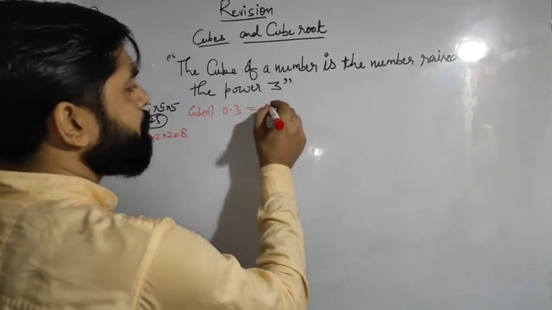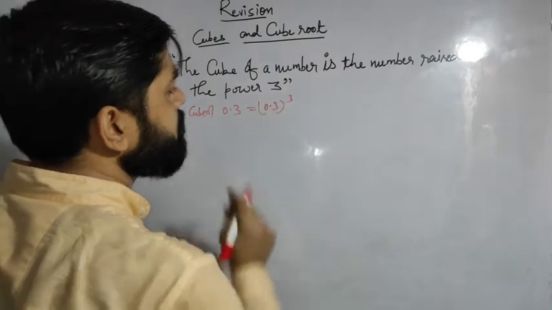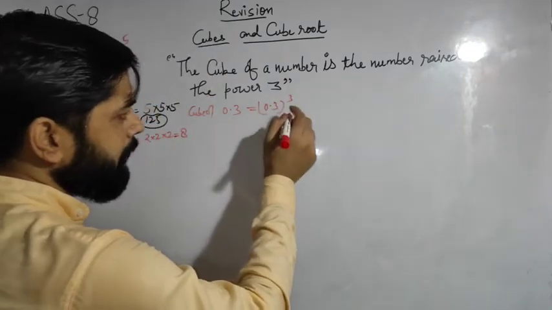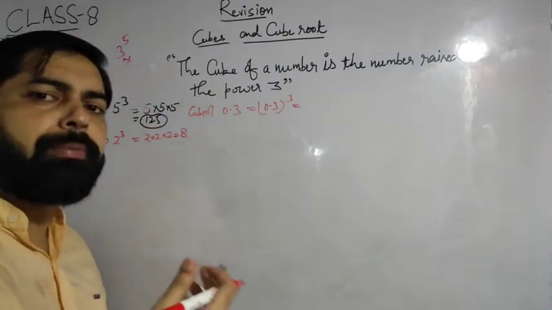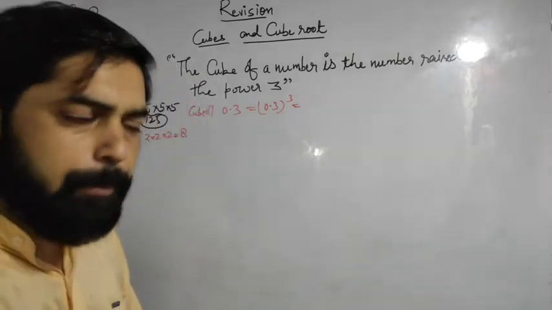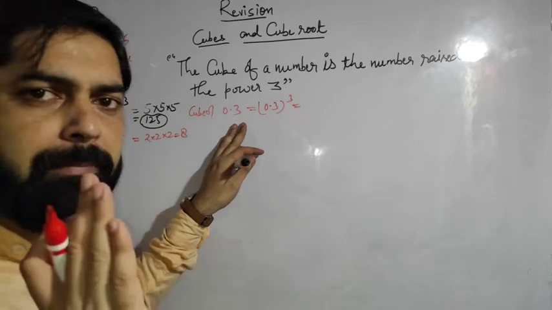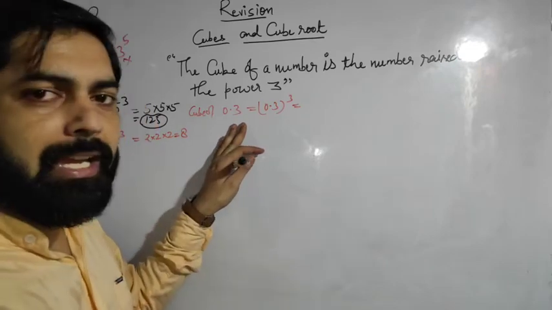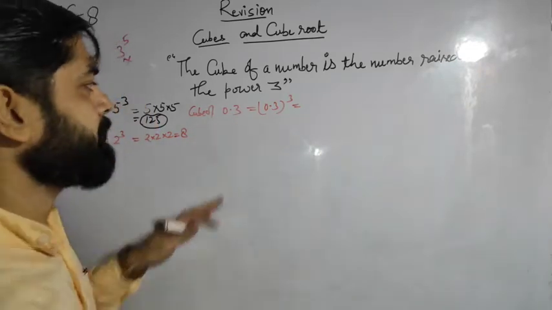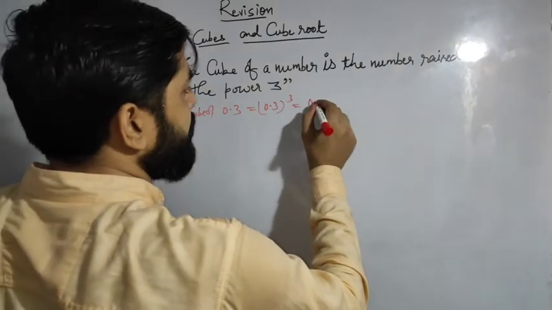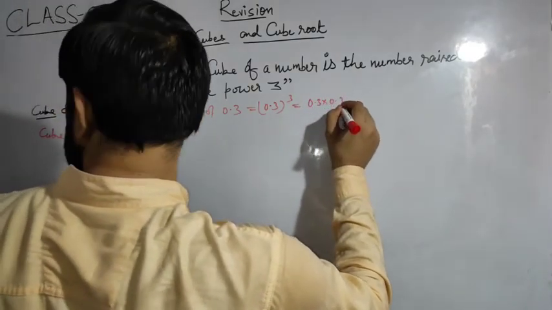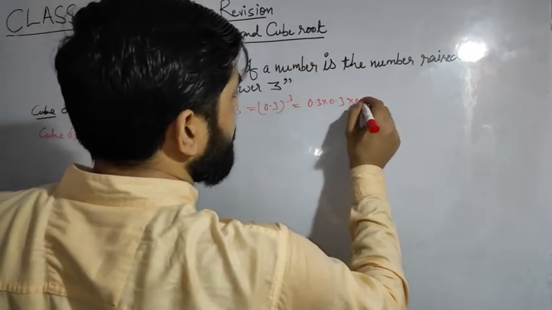So 0.3 raised to the power 3 means यहां हम 0.3 को भी 3 टाइम्स मल्टीप्लाई कर देंगे तो आपको 0.3 का क्यूब मिल जाएगा. क्यूब मींस किसी भी नंबर की पावर 3 है तो आप उसको क्यूब फाइंड कर सकते हो. 0.3 multiplied by 0.3 multiplied by 0.3.